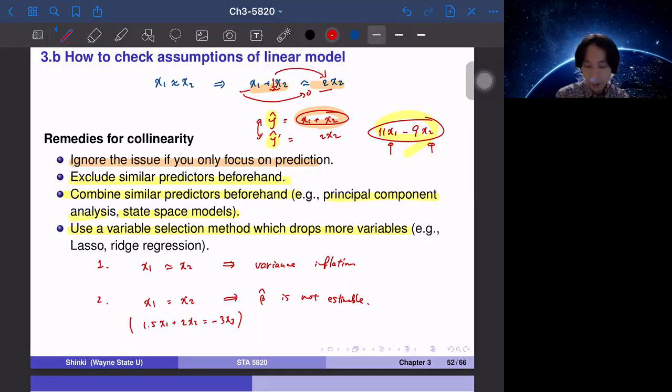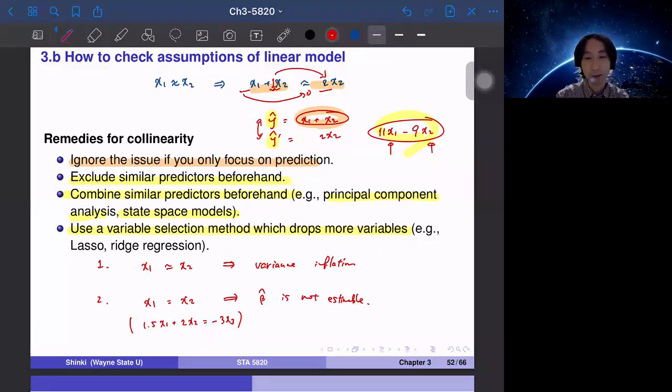That happens when some variables are very sparse. For example, x1 and x2 are both indicator variables with originally different meanings, but the data have exactly the same values. For example, let's think about housing data.